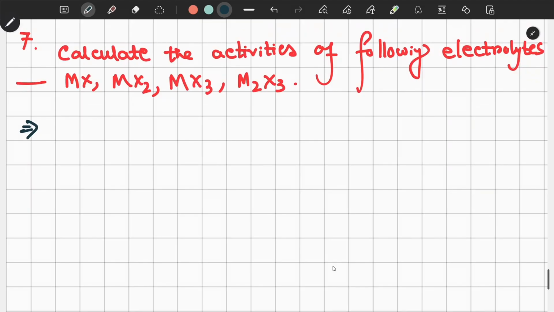So what is the difference between activity and concentration, and how is it related to chemical potential?